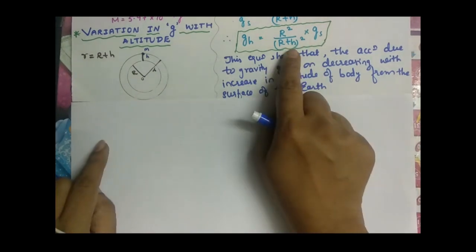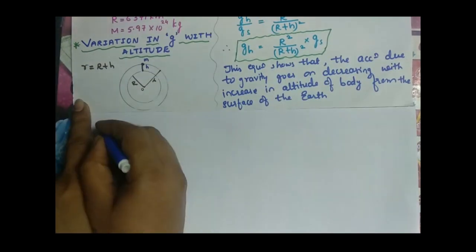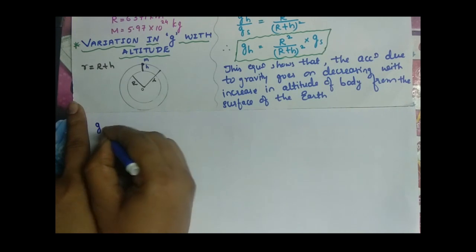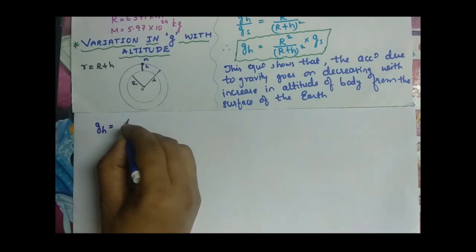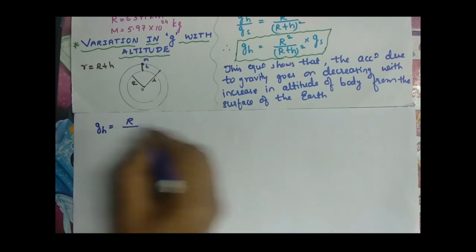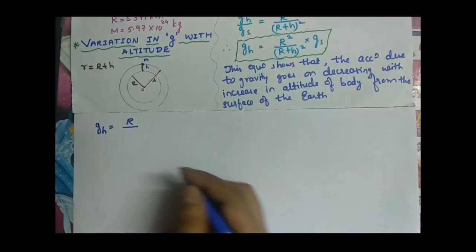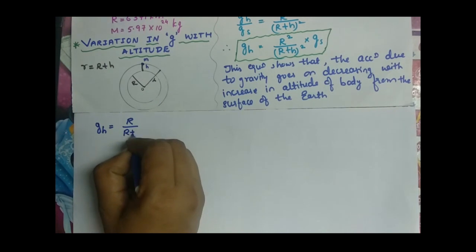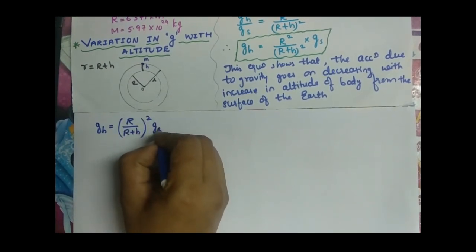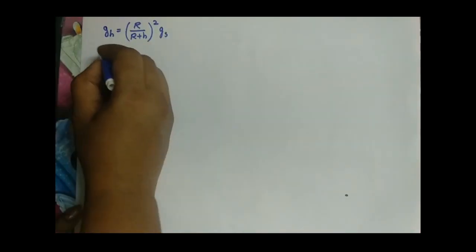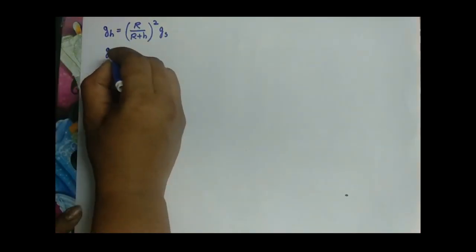When you solve this expression further, GH is equals to, I can write this one as whole square, as both the terms have a square. So I can consider R plus H whole square and G suffix S. Now, can I write this one?